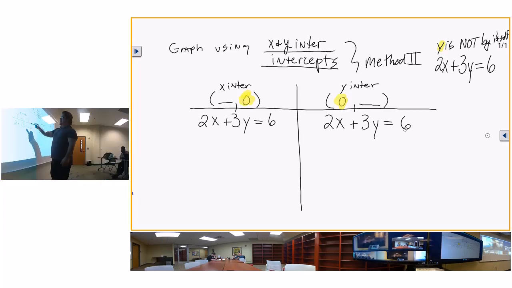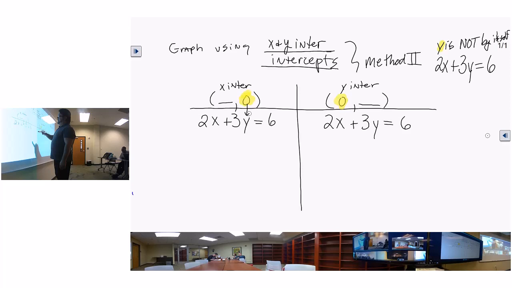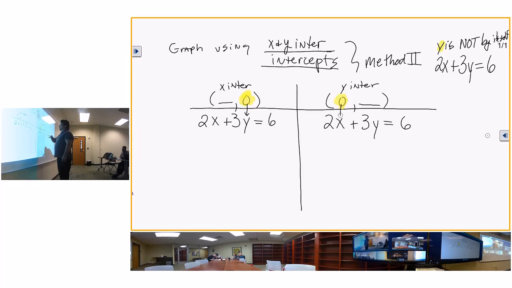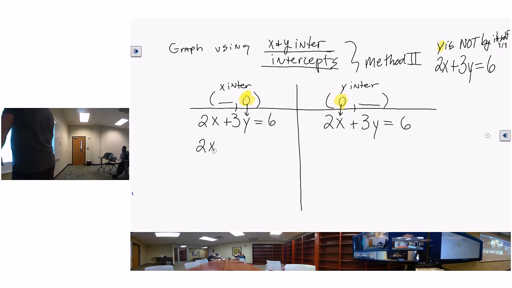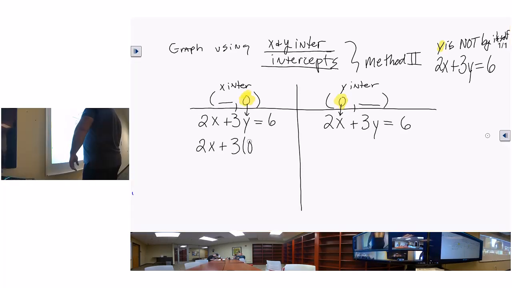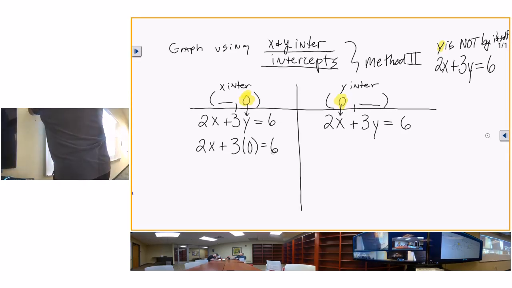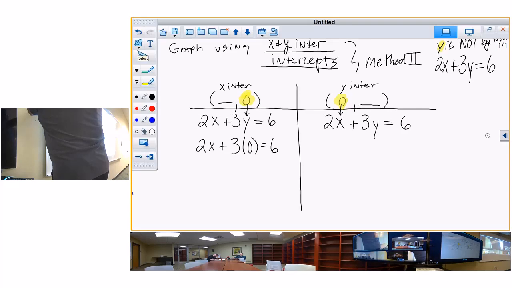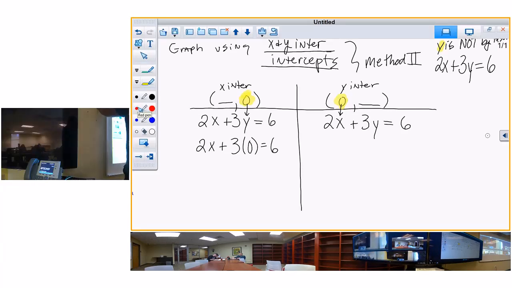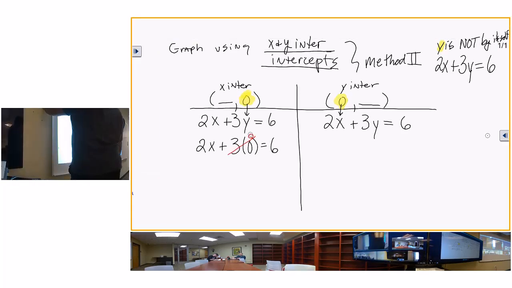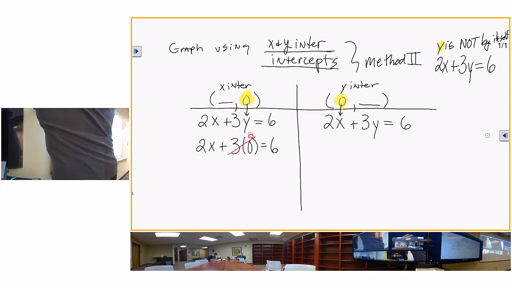All you got to do now, plug in what? So 2x plus 3 times 0 is equal to 6. And what happens to that y term? Gone. It goes away because 3 times 0 is 0. So that goes out.